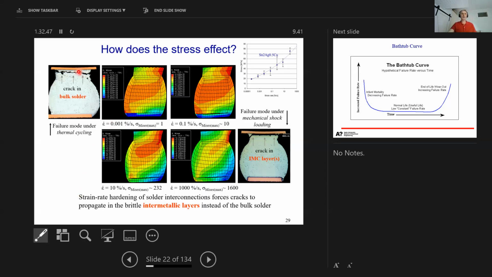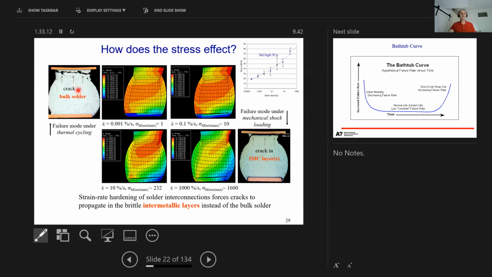So here in the left-hand side upper corner, we end up having this kind of a fatigue failure, which means that the most vulnerable material in the interconnection is the actual solder. So we get this kind of a fatigue failure. Every cycle, the crack grows a little bit and so on.